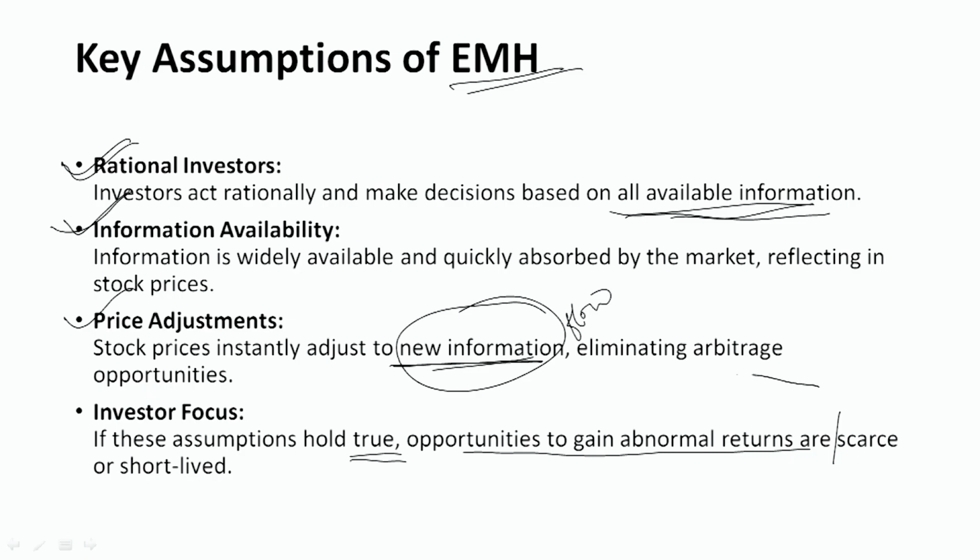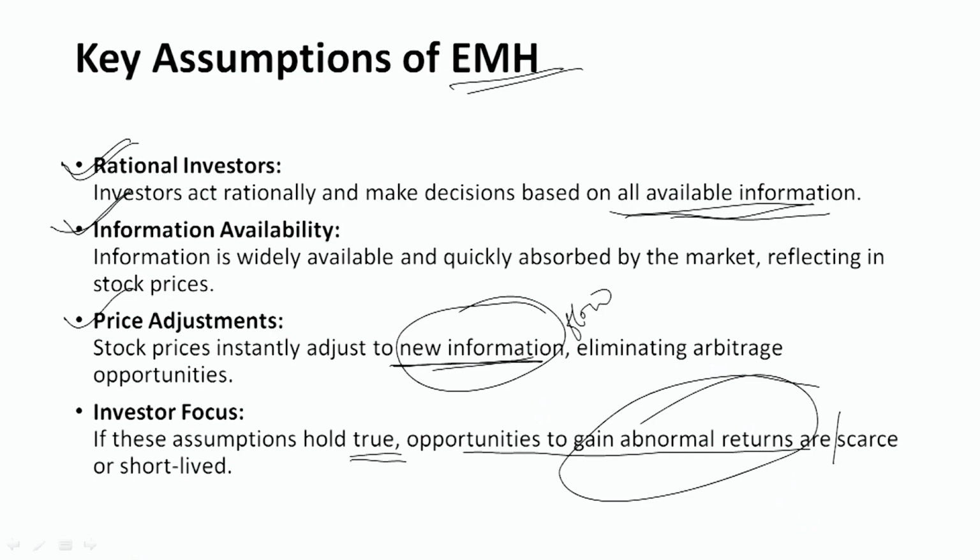That is one important aspect you should understand, because of the three rationales here, the most important are information availability and price adjustment, and these are likely to happen only if the market is efficient. The market can be efficient only when the flow of information is faster and it comes to the picture at the right point of time. If that is the type of market you are working in, then you can gain abnormal returns.